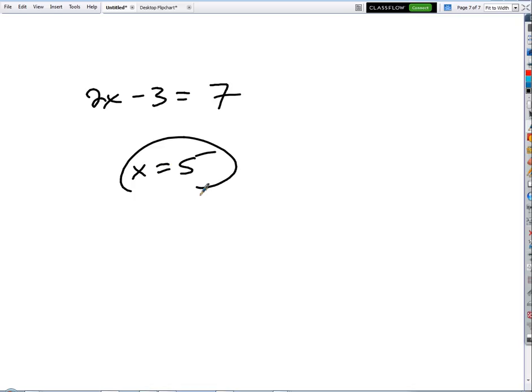Okay, and why is that the solution? So if you substitute it for x and you do all the math, it equals 7. Okay, good.